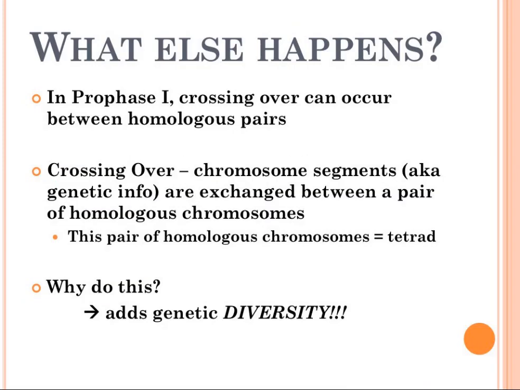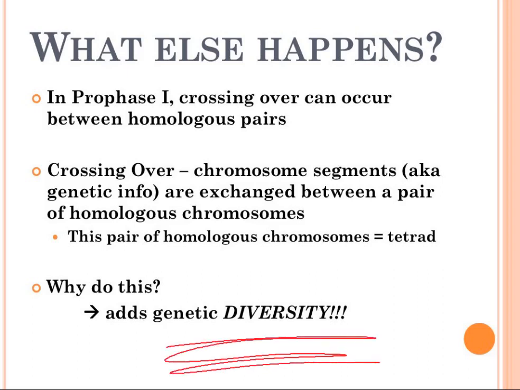So crossing over is another way to add even more diversity or more variety, because what happens is, and I'll demonstrate this more in class, we'll draw them different shapes. You have two of your chromosomes, and they're going to touch and cross over. So then at the end, you would get a chromosome like this, and then a chromosome like that.